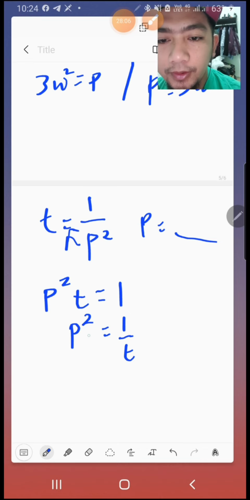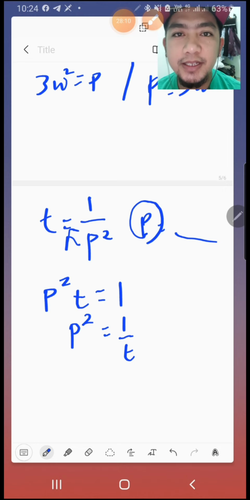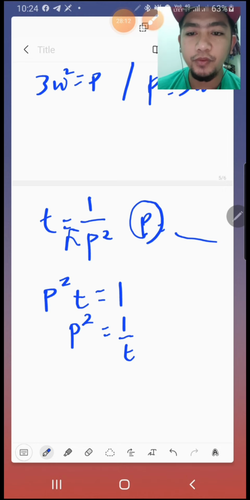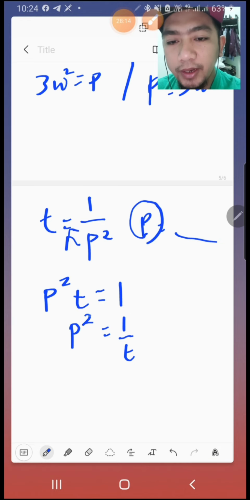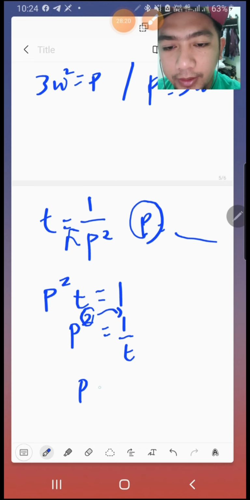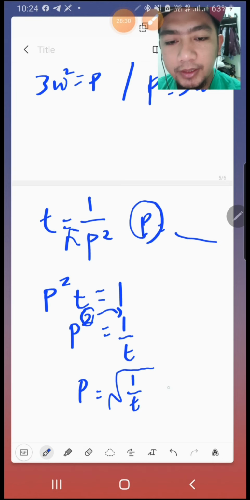Okay. So we need to find just P as the subject of the formula. That means this square we need to bring to the right. So P equal to, when you bring the square to the right, it will become square root of 1 over T.